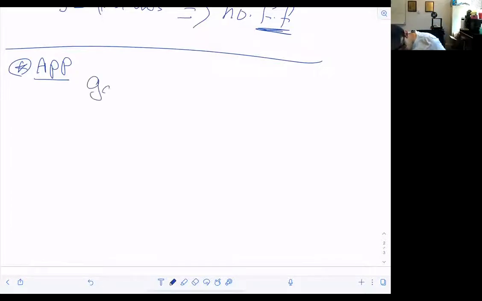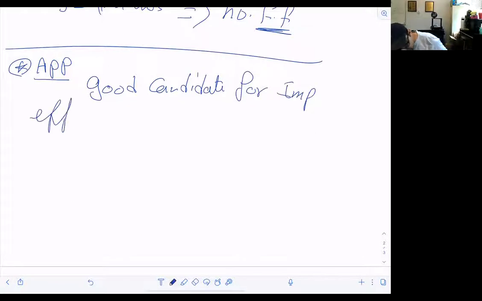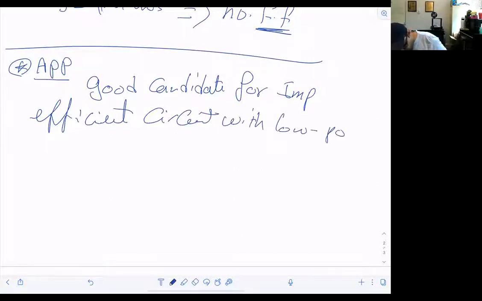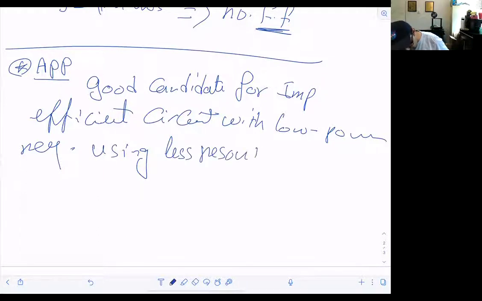That means it's a good candidate for implementing an efficient circuit with low power requirement using less resources on chip.